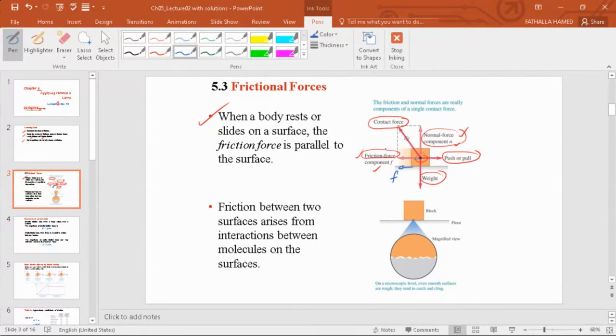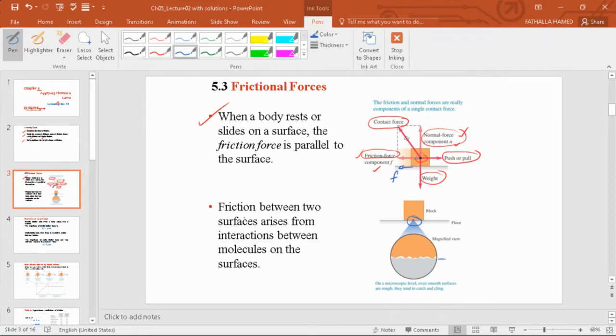What gives rise to friction? Well, if you take a contact area between two surfaces here and you magnify it, you will see that the surfaces on a macroscopic scale are not really smooth, and there is some roughness there. And this roughness here causes friction.